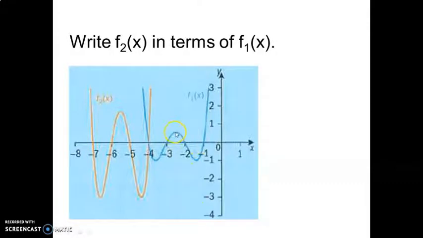Let's confirm that works with the maximum point right here, the local maximum. This point is at a y value of 1/2. Multiply that by 3 and you get 1.5, and that matches what we have here. So we know our vertical dilation factor is 3. Everything becomes 3 times bigger, the y values. And then imagine the blue one now has the same shape as the orange one.